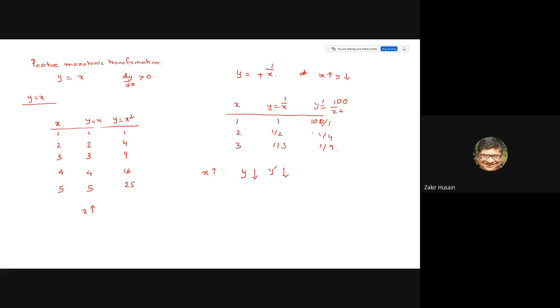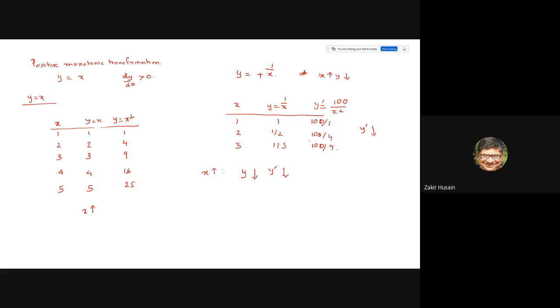Yes, x square will be there, right? So what is happening? As we are going down, as x is increasing, y prime is falling. Right? Yes.